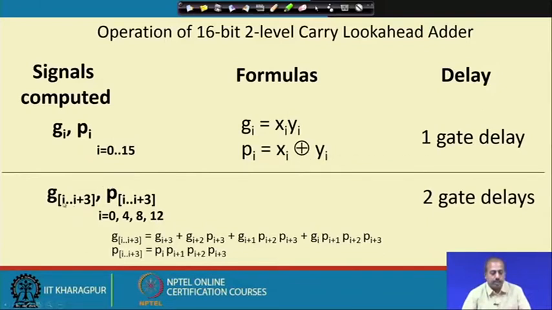Now, GI to I plus 3 and PI to I plus 3 follow this particular formula, and here if I am assuming a two level realization of the circuit, then there is one set of AND gates that will be realizing GI plus 2 into PI plus 3. Similarly, GI plus 1 into PI plus 2 and PI plus 3. So, this way it will be realizing the AND terms, and after that there will be an OR term. So, there will be 2 gate delays in generating GI to I plus 3 and PI to I plus 3.